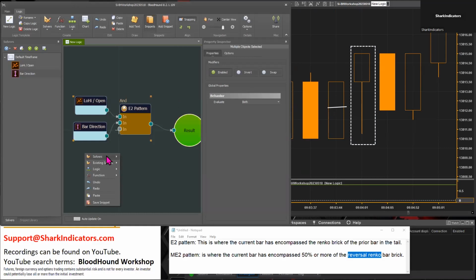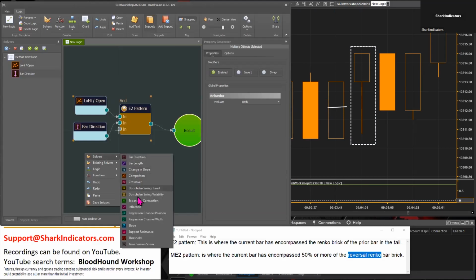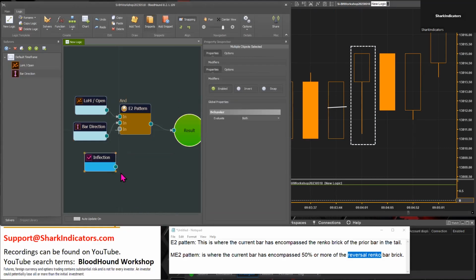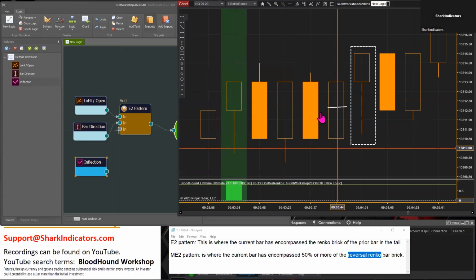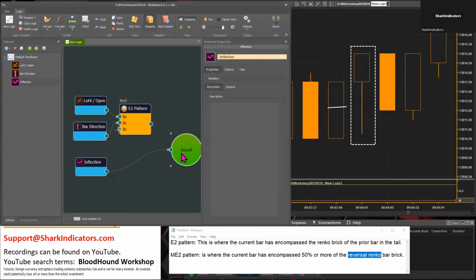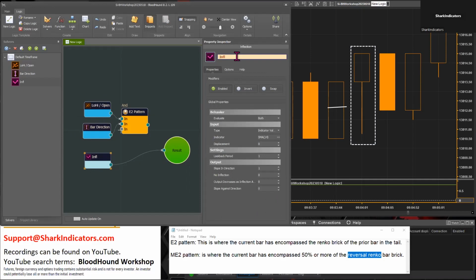So that means we need an inflection bar, right? The inflection solver is great for identifying Renko reversal bars. Okay, let's connect that up. So this is going to be simply a price inflection.